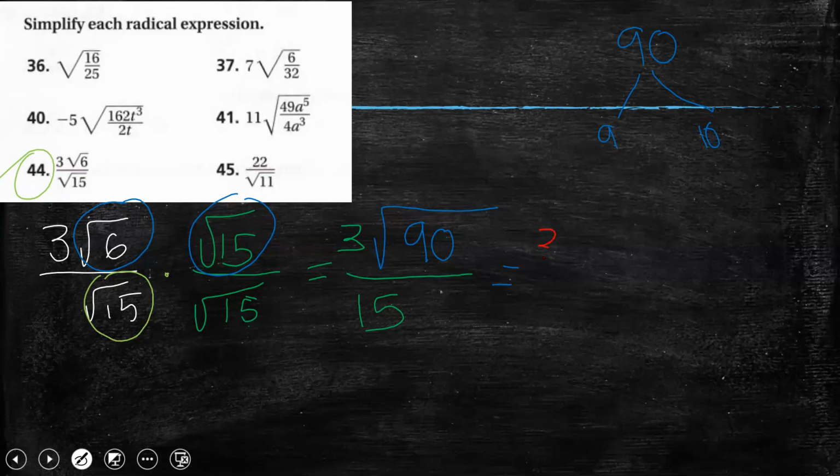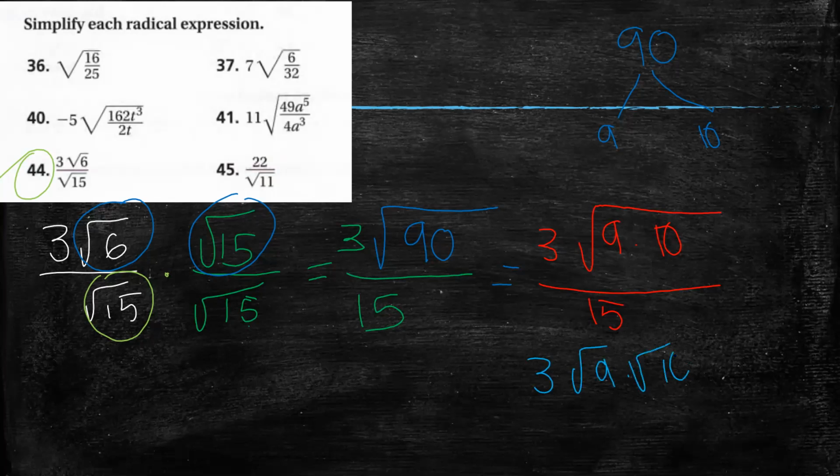So I write it as a 3, keep it as it is, and under the square root I have to multiply 9 and 10 over 15. So it's a 3 times square root of 9 times square root of 10 over 15. So it's 3 times 3, which is the square root of 9, times square root of 10 over 15.